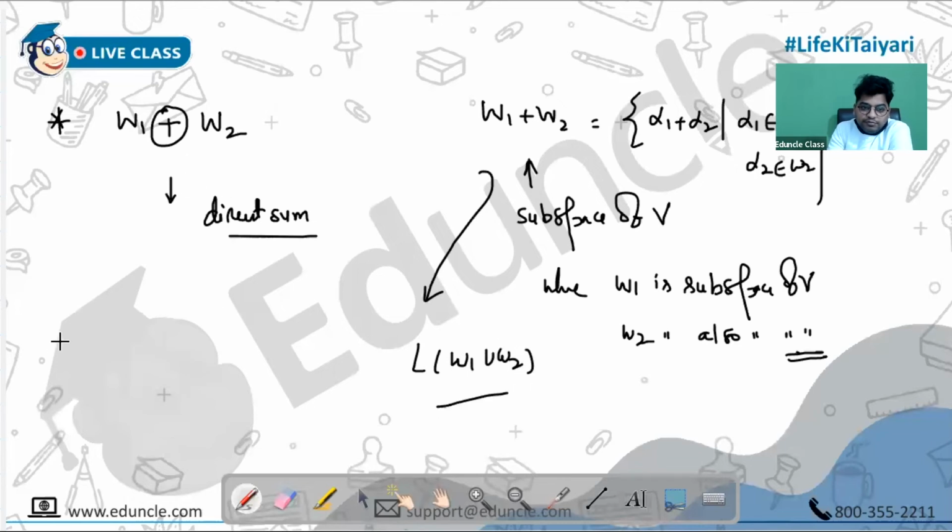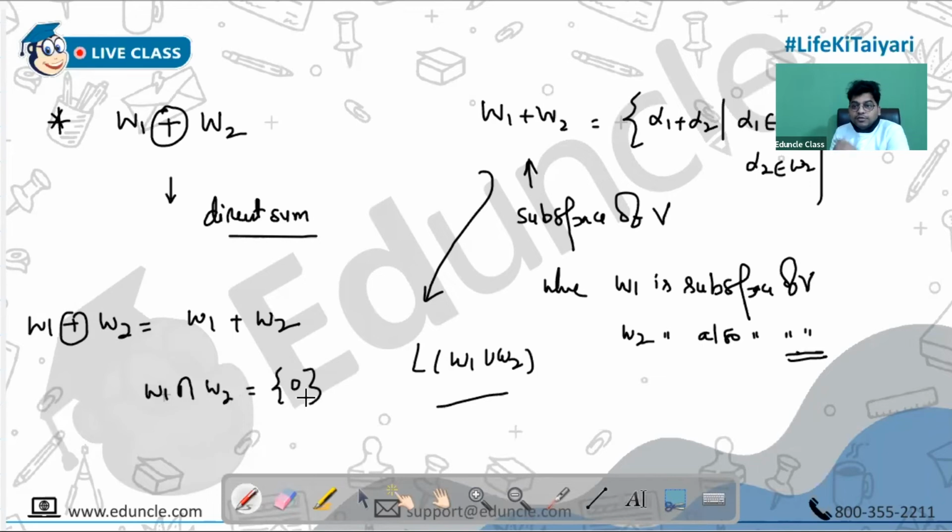But what is W1 direct sum W2? It is called W1 plus W2 with the intersection of these subspaces being only 0. This is called direct sum. Okay, this is called sum of two subspaces, any subspaces, but this is called direct sum.